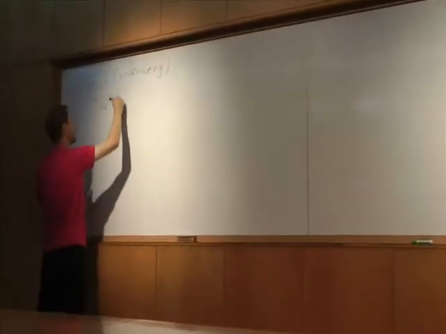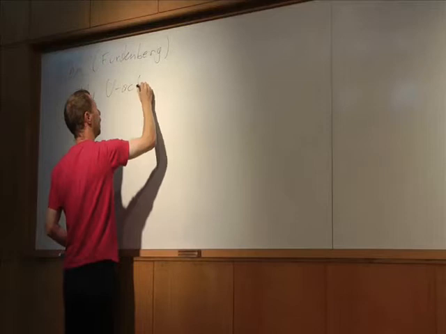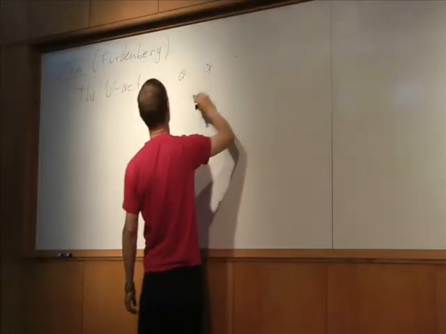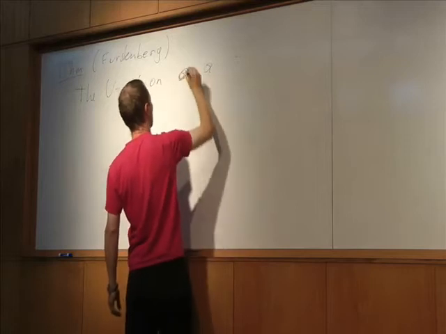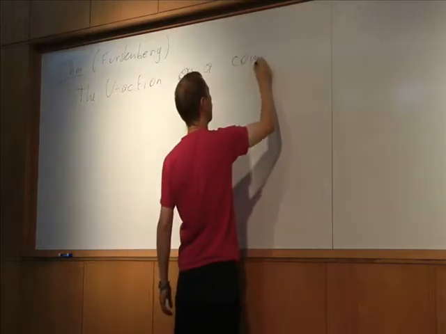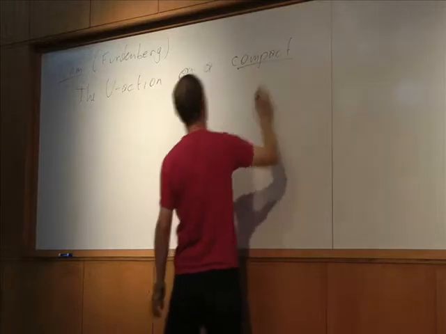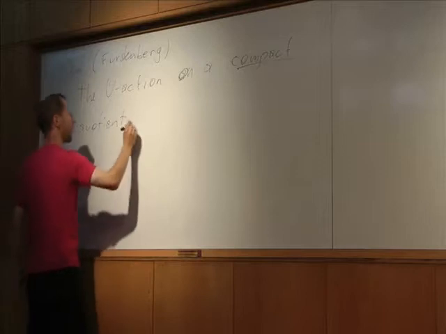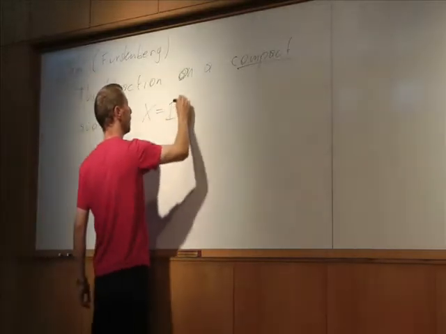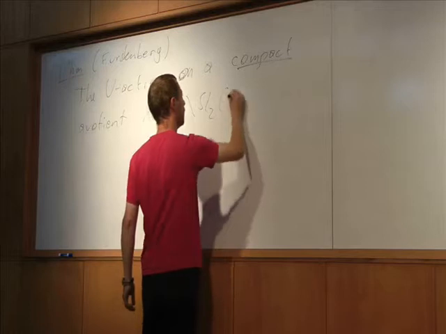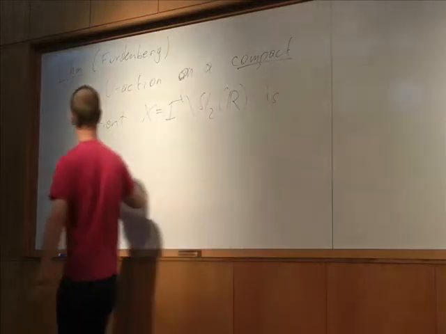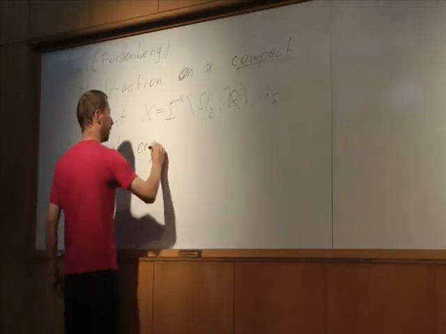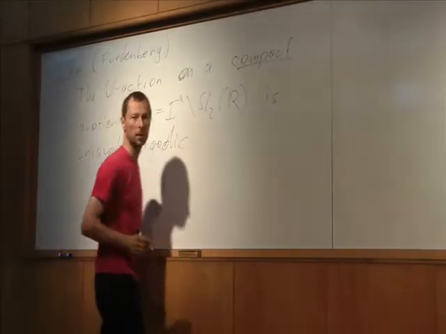Theorem: the U action on a compact quotient X equals Gamma mod out from SL2(R) is uniquely ergodic. Now that's a major step up, right?